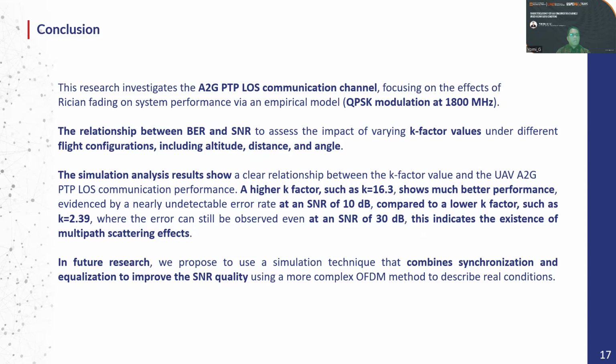The simulation analysis results show a high K-factor such as K equals 16.3 shows much better performance at an SNR of 10 dB compared to a lower K-factor such as K equals 2.39 at an SNR of 30 dB. This indicates the existence of multipath scattering effects.